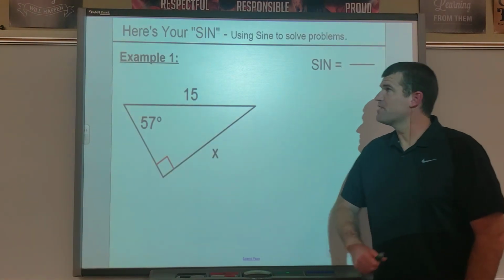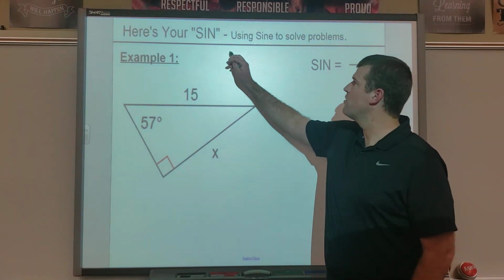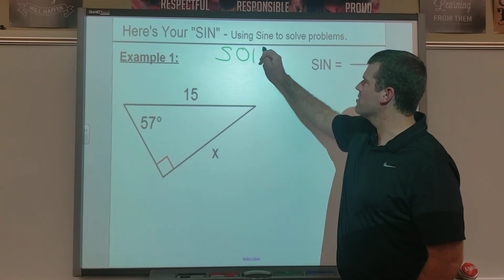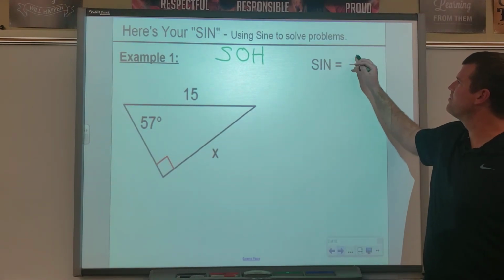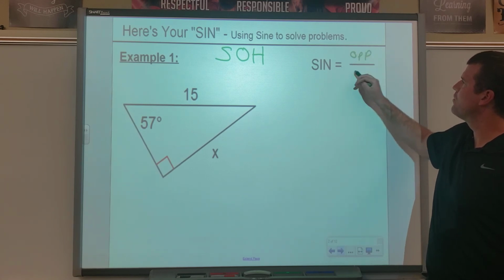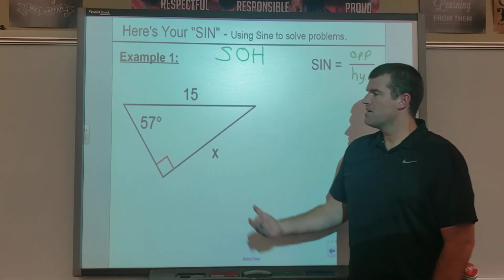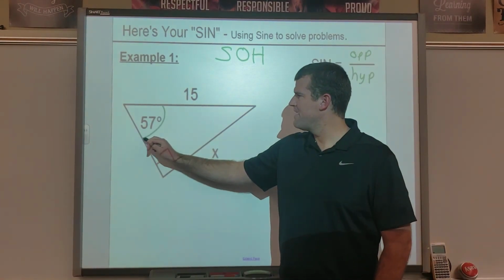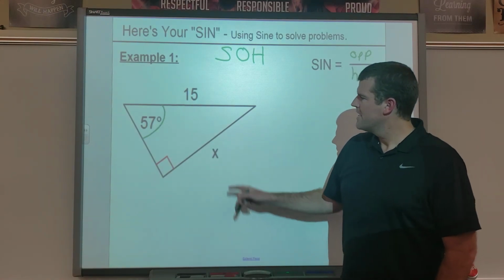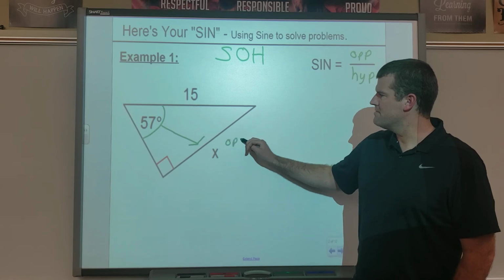Our first focus for today is going to be working on sine, right? Which we know from SOHCAHTOA, that's the SOH part. And we know that the SOH stands for sine equals opposite over hypotenuse. So when I go to solve this problem, I'm going to identify that this is my angle, and x, the side that I need to find, is my opposite.